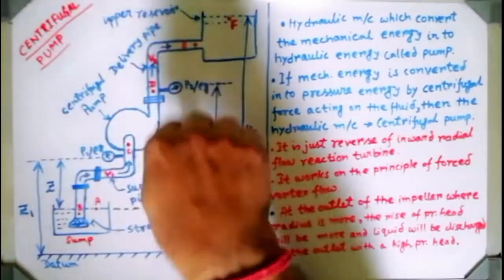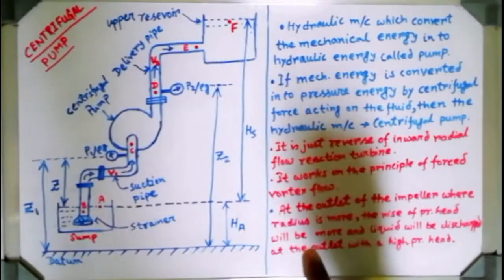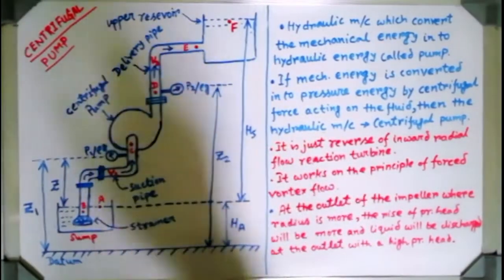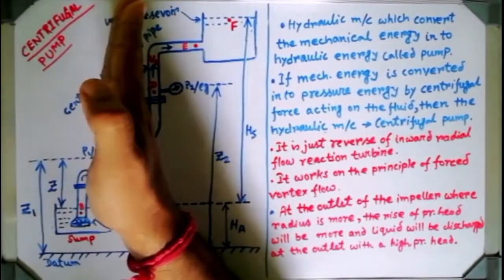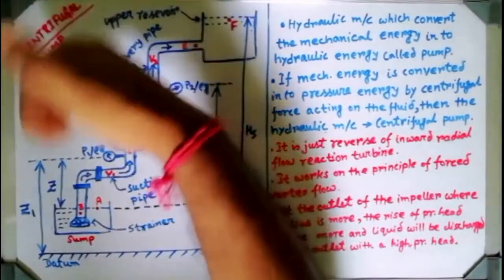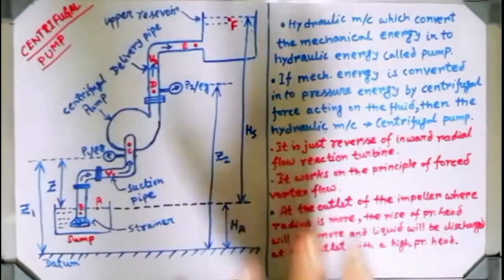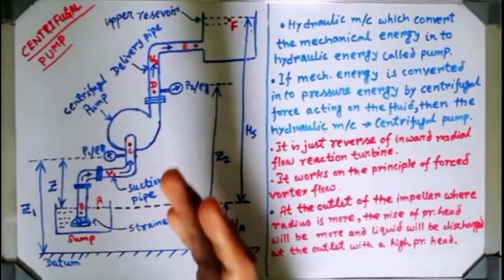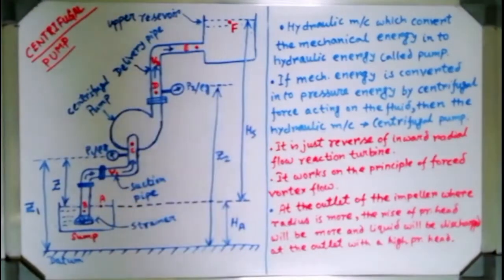Rotation can be this way, it can be that way, it has no relation to this. I am saying the direction of the working fluid, this is radially outward, and in case of the Francis turbine it was radially inward. Just based on that concept, a very similar velocity diagram will be there in case of these two.